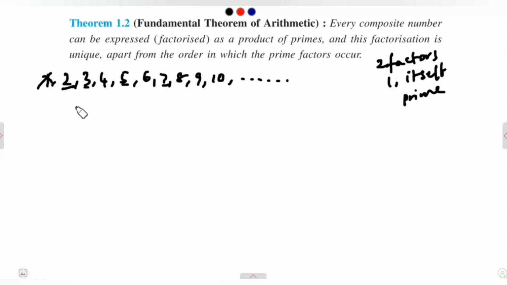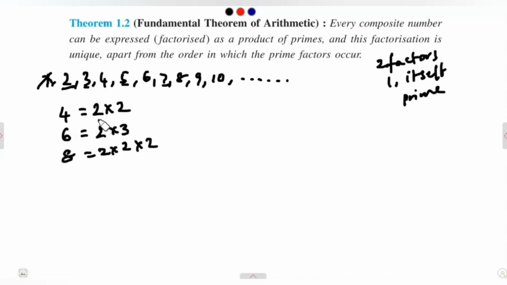If you observe, these composite numbers can be expressed in the form of a product of primes. Let us check. 4 can be written as 2 into 2, 6 can be written as 2 into 3, and 8 as 2 into 2 into 2.